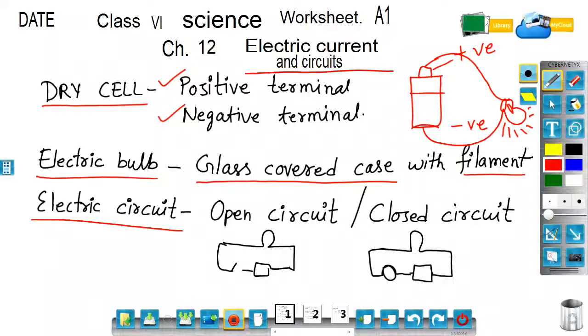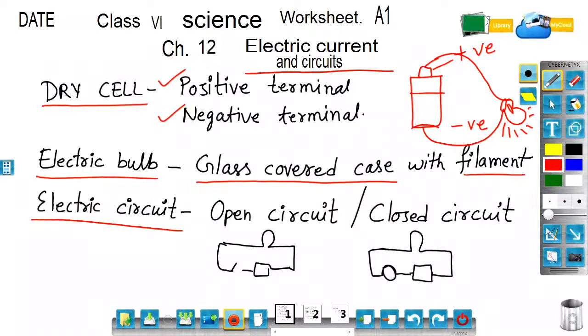So the direction of flow of electric current is opposite to the flow of electrons. If electrons flow from negative to positive, then current will flow from positive to negative terminal. Understood?